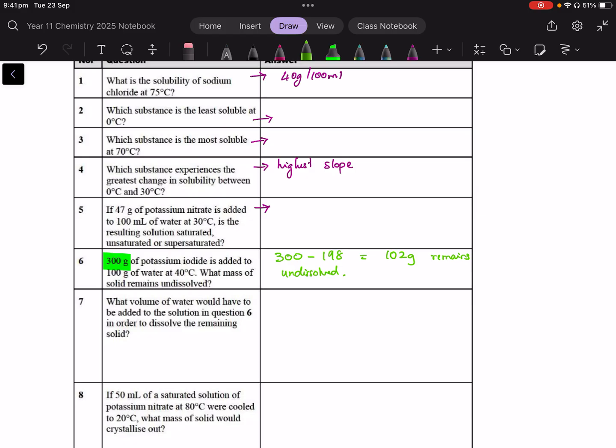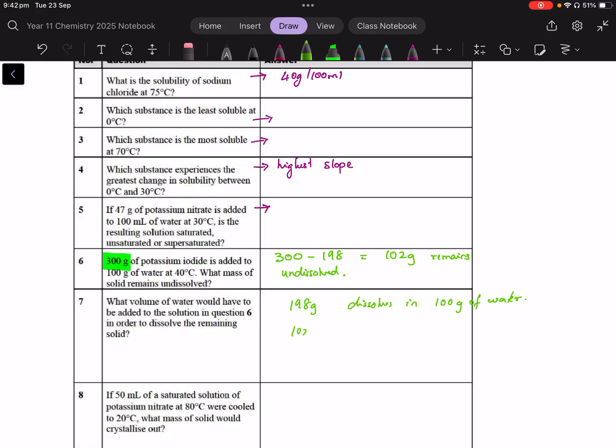The next question is asking us what volume of water would have to be added to the solution in question 6 in order to dissolve the remaining solute. So what I'm going to go with is, again, 198 grams dissolves in 100 grams of water, or you can say 100 milliliters of water, just to keep it a little bit different.